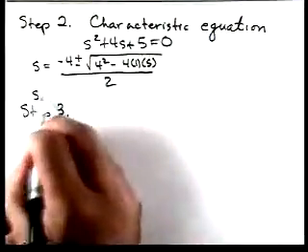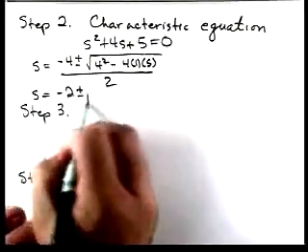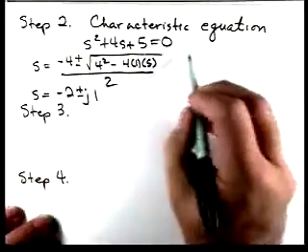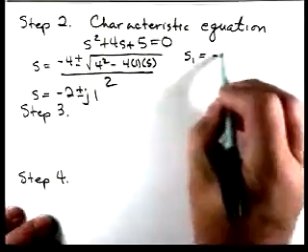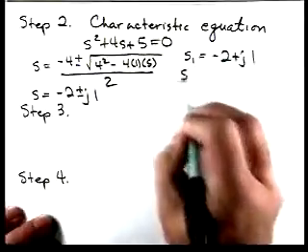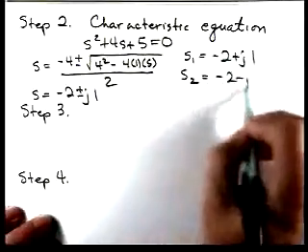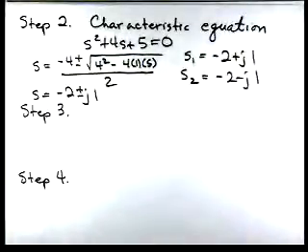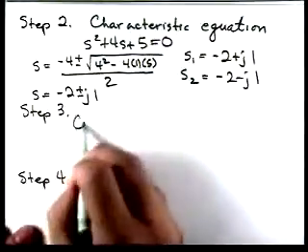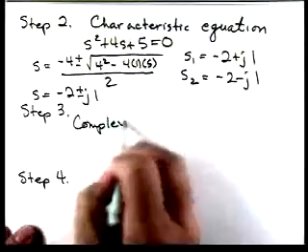The roots here are minus 2 plus or minus j1. So one of our roots is minus 2 plus j1. The other one is minus 2 minus j1. So we have complex roots.